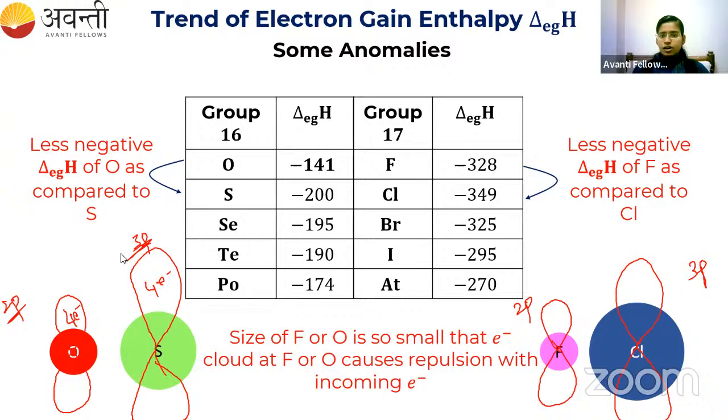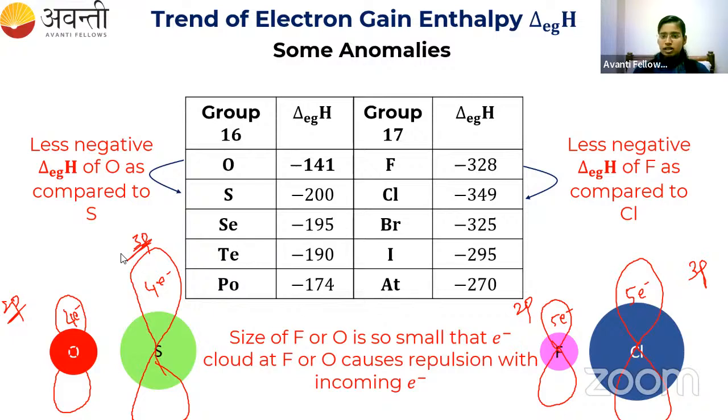If I go for the 17th group, fluorine and chlorine, they will have 5 electrons: 1s2, 2s2, 2p5, right? So they will have 5 electrons in their 2p and 3p orbitals. These are the electrons already present inside the orbitals.